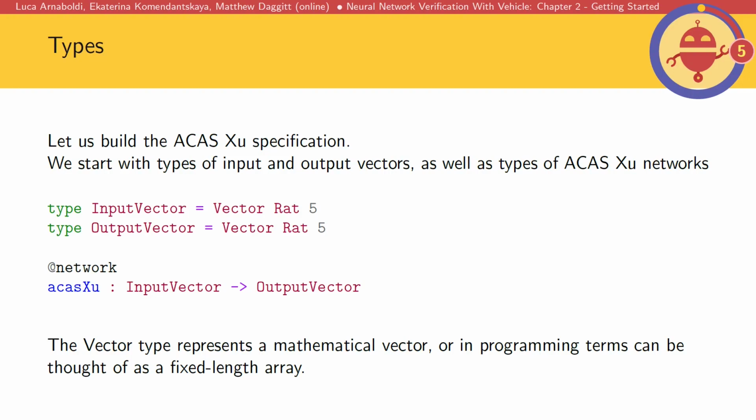So the vector type represents mathematical vectors, so a fixed-length array. And maybe the interesting part of the syntax here is this at network. The thing is, we want Marabou to deal with the actual neural network as a function. We don't want to load this network or any other network directly into the functional syntax, because functional languages are not generally very good at matrix processing.